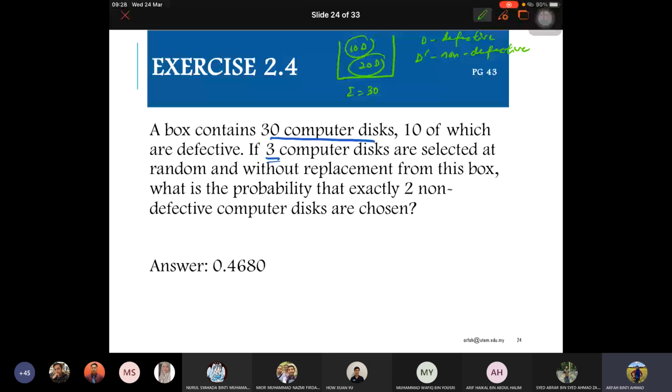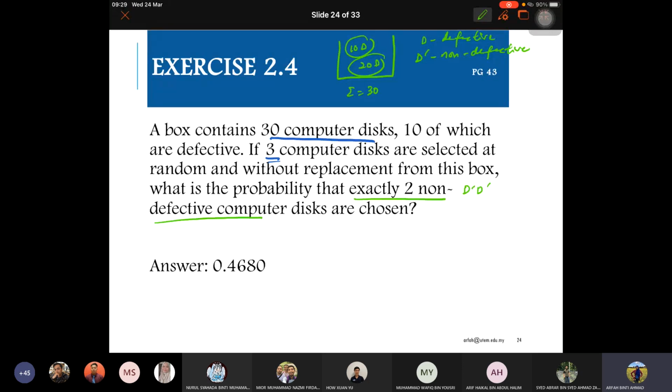Okay. If 3 computer disks are selected at random without replacement, what is the probability that exactly 2 non-defective computer disks? Okay. Exactly 2 non-defective computer disks are chosen. Maksudnya awak akan dapat 2 kali non-defective, ada 2 D prime.